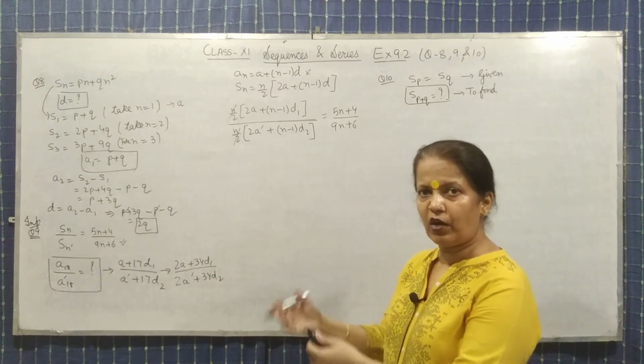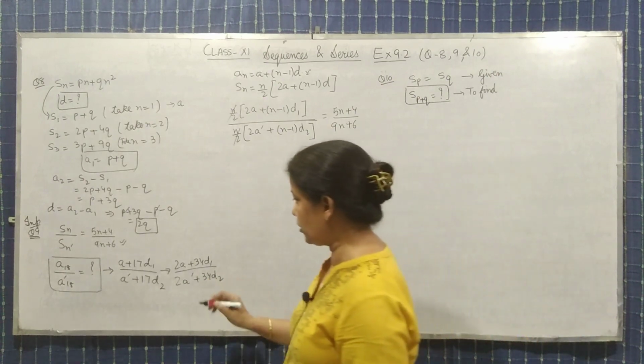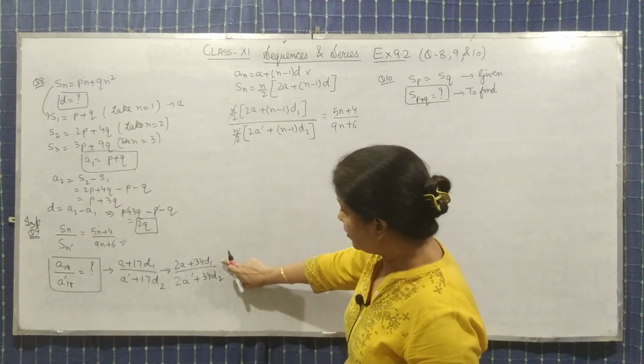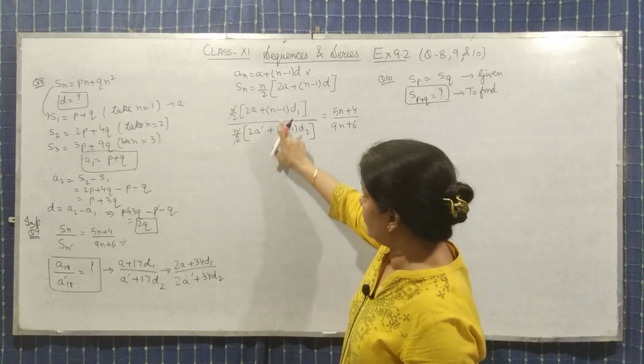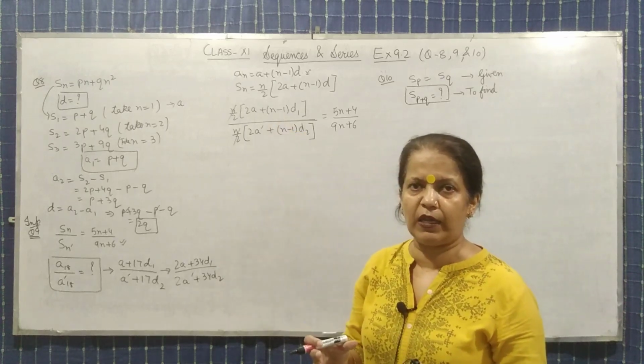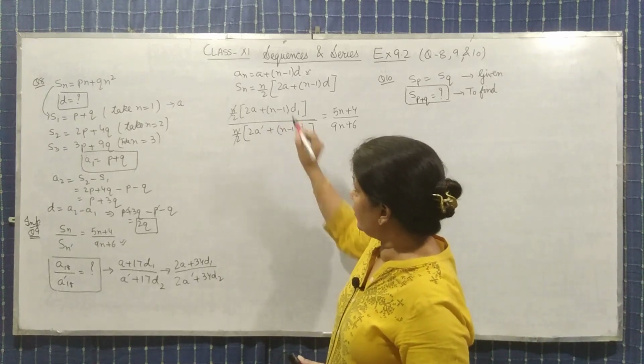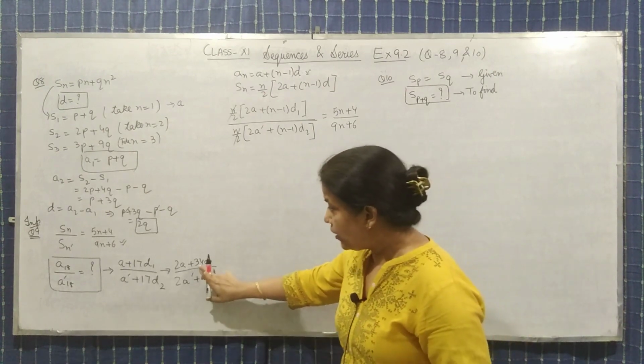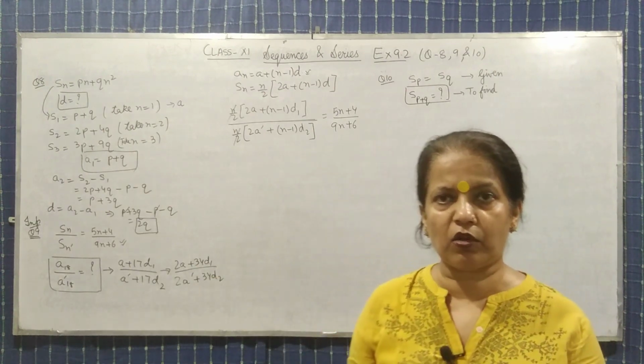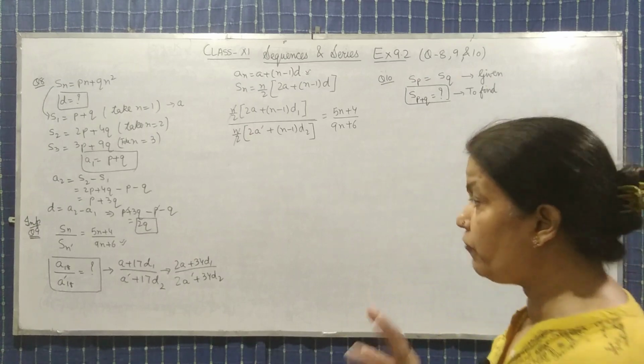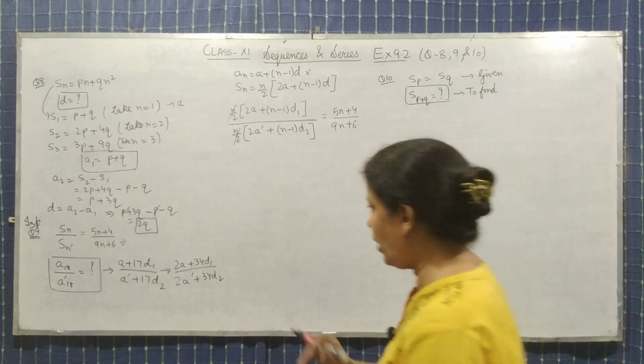You will get the idea why we are using it like this. Still, if we compare this with this, something is left. Here it is n minus 1, so we will try to write 34 in the form of n minus 1. So how will you write it?